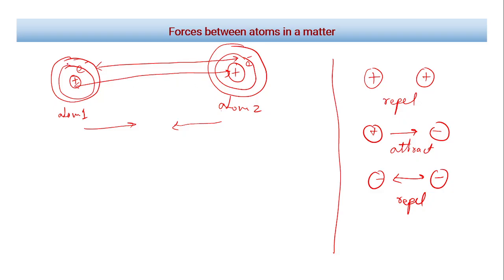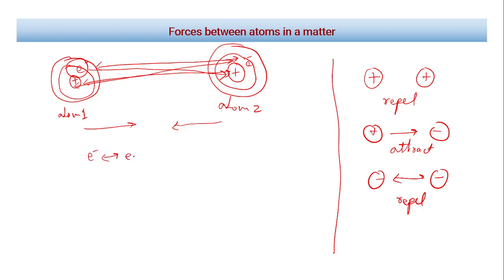But the electron of atom 1 can attract the positive core of the second atom. It repels the same charge, but it will always attract the opposite charge, because that leads to lesser energy. The same with this positive core and this electron, there will be attraction between them. So there are two forces acting, actually four.